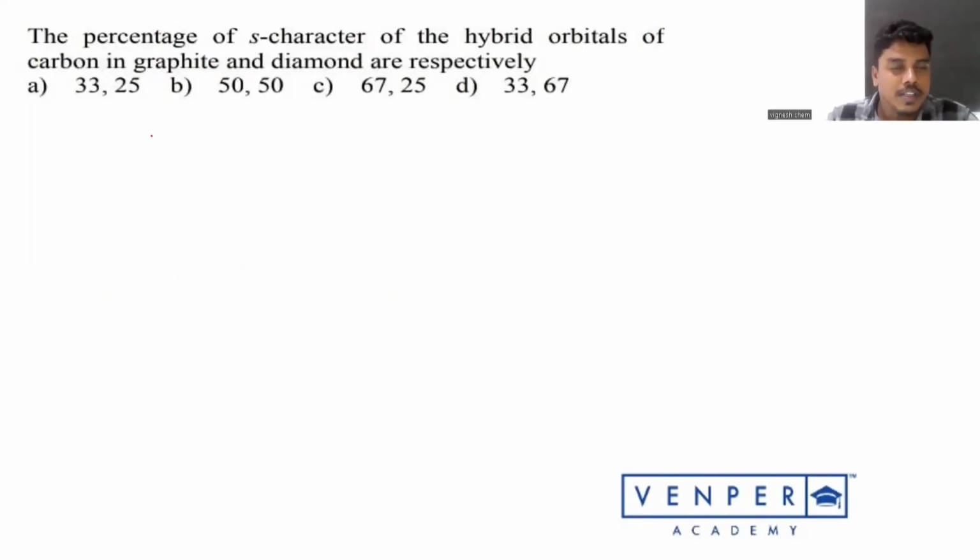This question asks the percentage of S character of the hybrid orbital of carbon in graphite and diamond. Please note, graphite is sp2 hybridization, and diamond is sp3 hybridization.